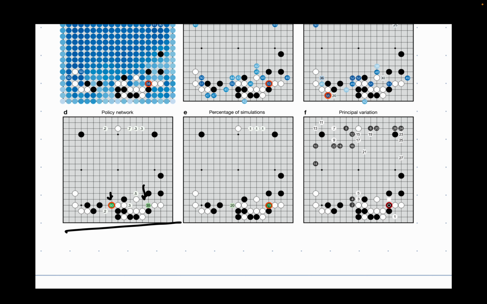And as you can see, 79% of the time this was played during the simulation. So then it chooses this particular move, and then it played this move. Now the opponent actually played this white square as a response, but the network was suggesting that the opponent should have in fact played this move, and in the post game evaluation the opponent said, okay, that move is indeed better.